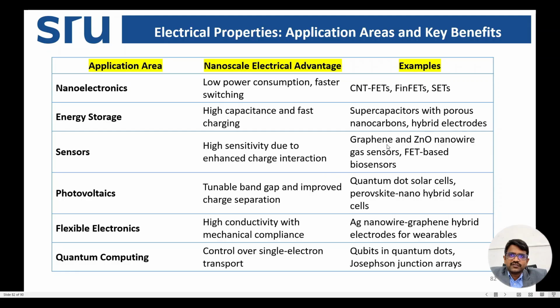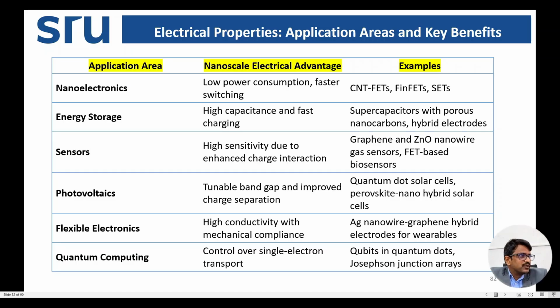Examples: graphene and zinc oxide nanowire gas sensors, FET based biosensors. Then photovoltaics. Advantage: tunable bandgap and improved charge separation. Examples: quantum dot solar cells, perovskite nano hybrid solar cells. These are the examples.